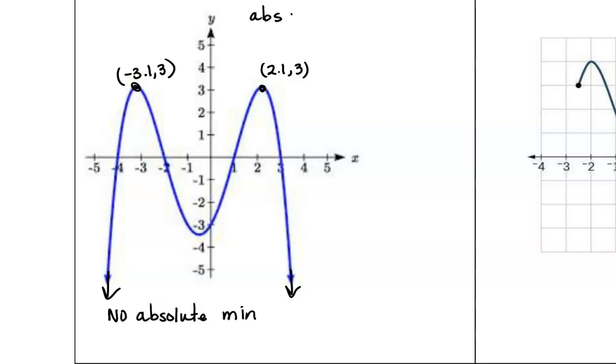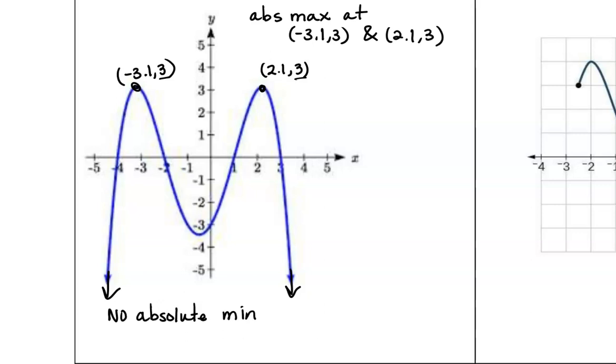It is possible for a graph to have more than one absolute maximum as long as they have the same y value, because it's possible to achieve the same y value at more than one point. So this graph has an absolute maximum at both the points negative 3.13 and 2.13.